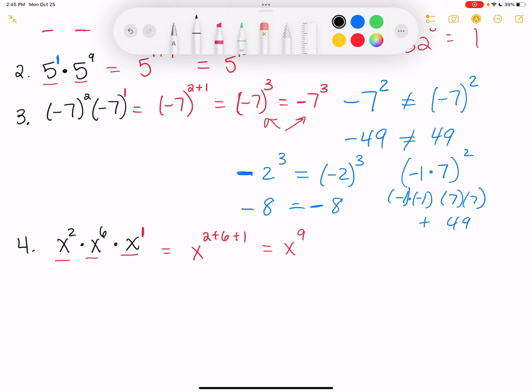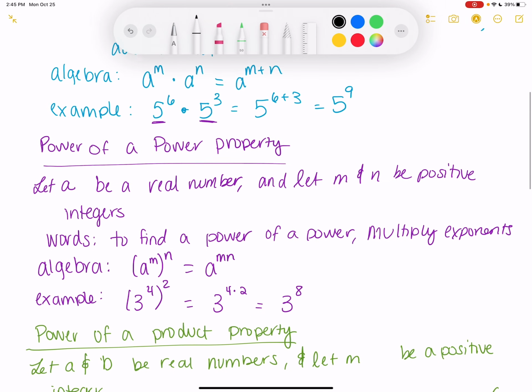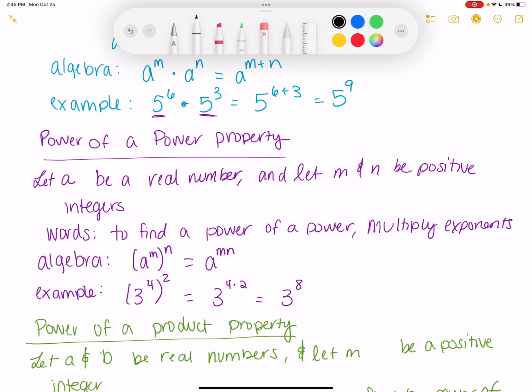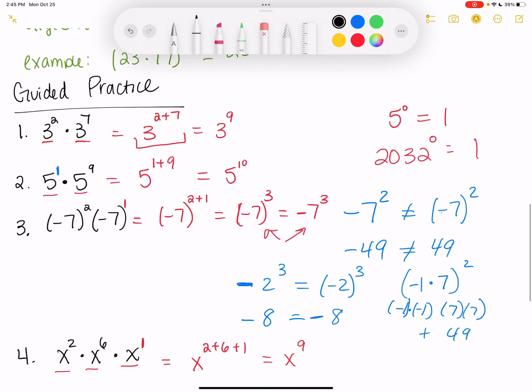So the next set of guided practice problems on page 490 deal with the third bullet point over there, the one that I wrote in purple here. It's going to be something like a to the m all raised to the n, meaning we're going to be multiplying our exponents.